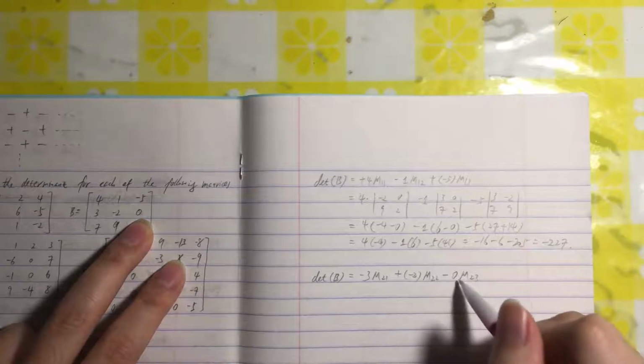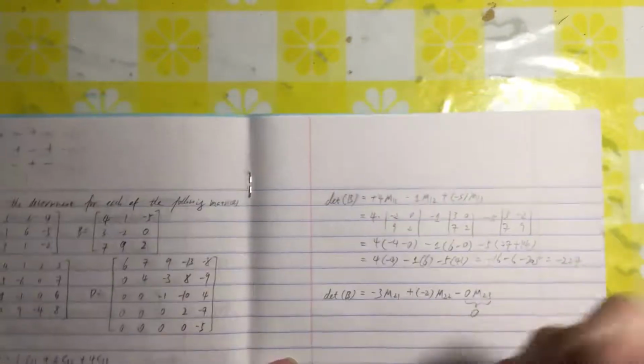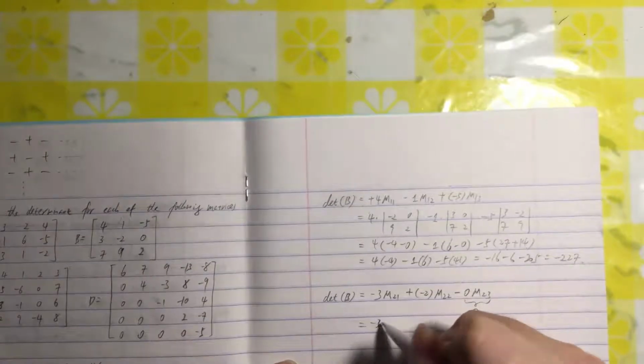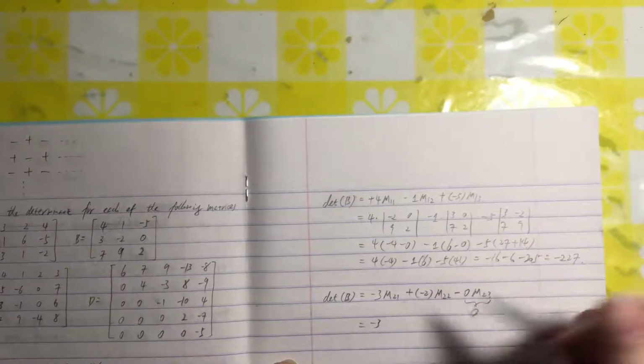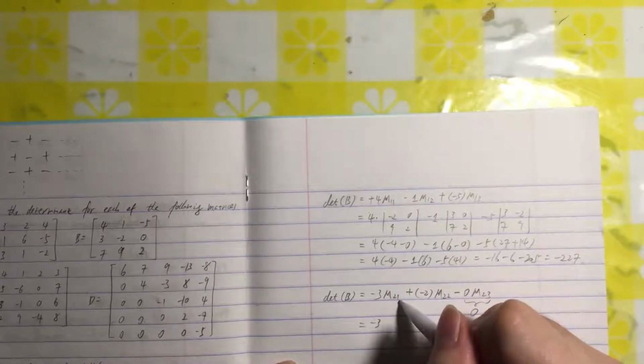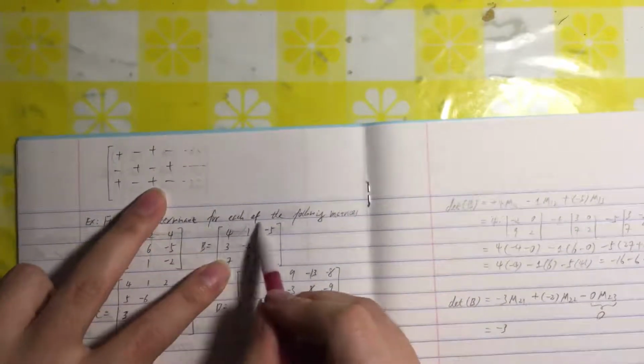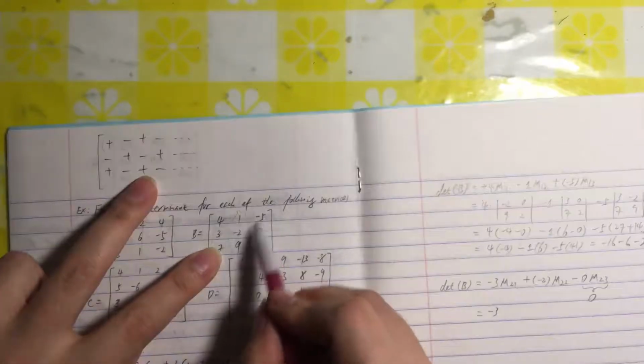We know that 0 times M23 is 0. So what's left is negative 3 times M21. M21 is the determinant of the submatrix by removing the second row and the first column from matrix B. If I remove the second row and the first column, what's left is 1, negative 5, and 9, 2.